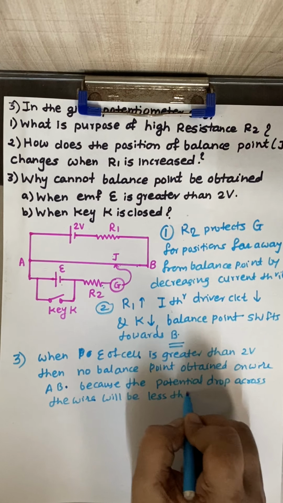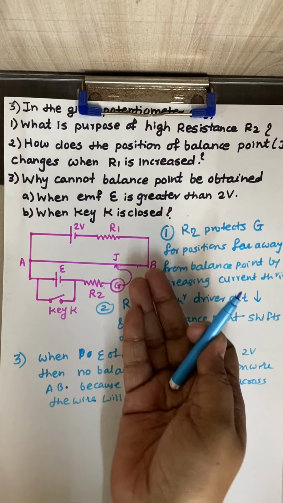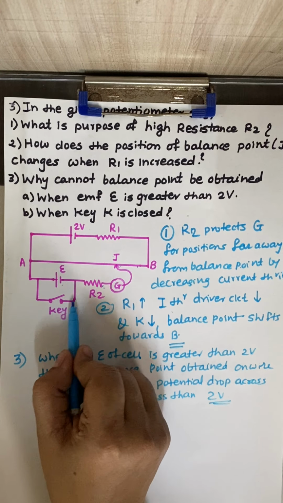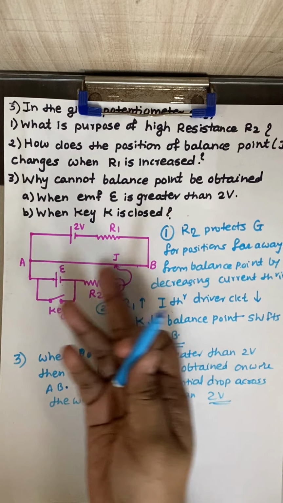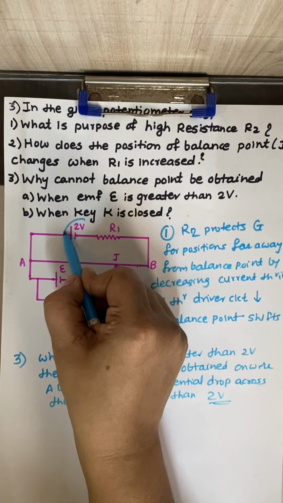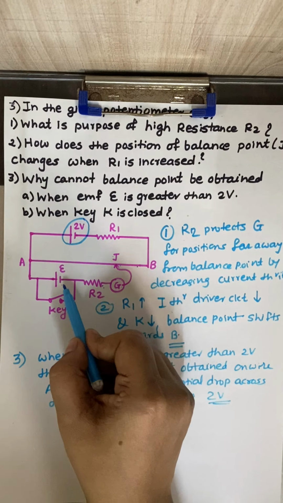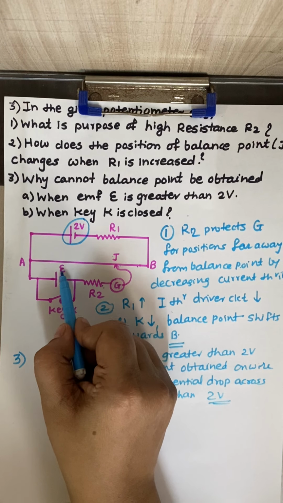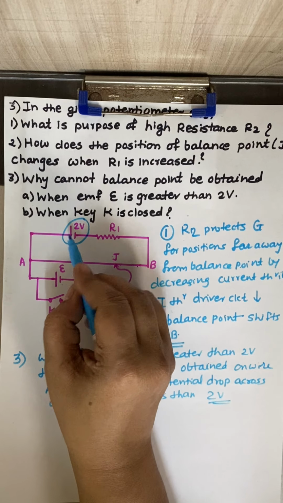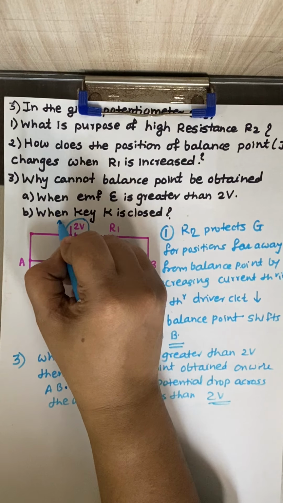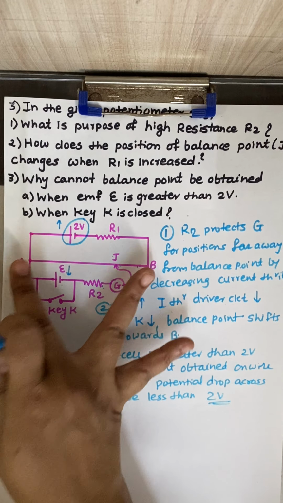If the potential drop across the wire AB is less than 2 volt, then the balance point due to the EMF E will not be obtained on that wire. Due to the driver cell, whatever the potential drop across the wire is, according to that only we find the balancing length for the cell of EMF E. The EMF of the driver should be greater and this has to be lesser, and only then can we get the balancing point within AB.